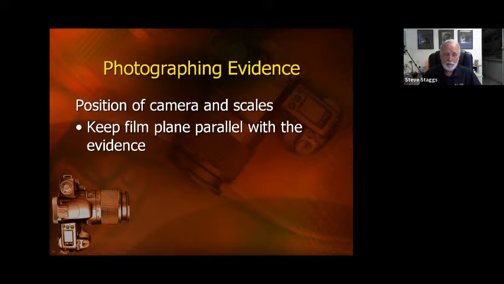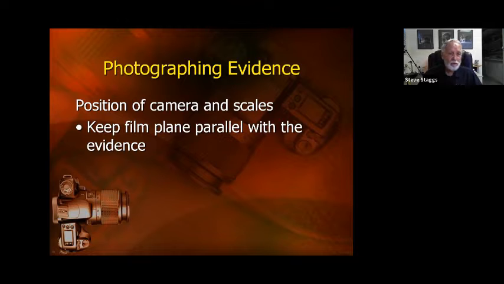We still call it the film plane, even though we use digital. But in any case, that film plane has to be parallel with our evidence. So if I'm photographing a footwear impression, I have to be shooting straight down with that film plane parallel to my impression. If I'm shooting at any angle other than that, I will introduce distortion into the photograph.